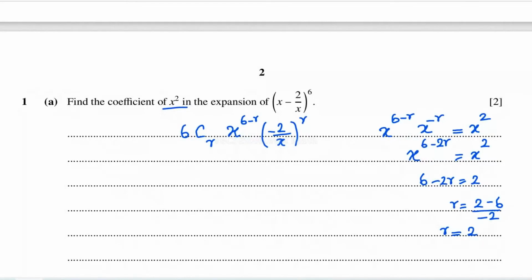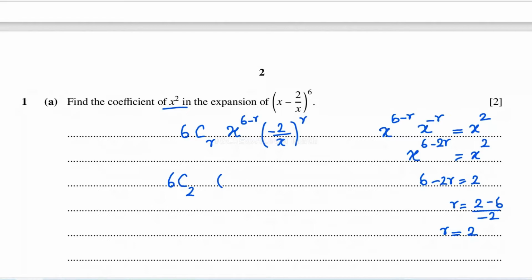Substitute this in the general expression, 6c2, and if you simplify the x values you will get x square.